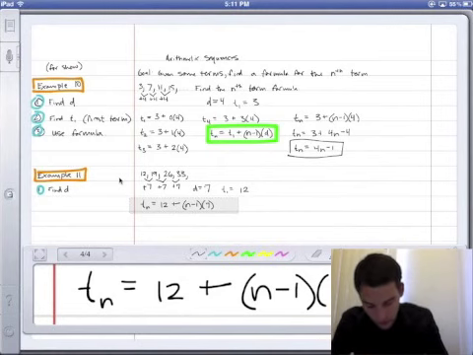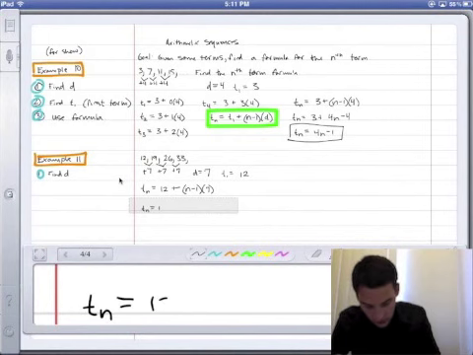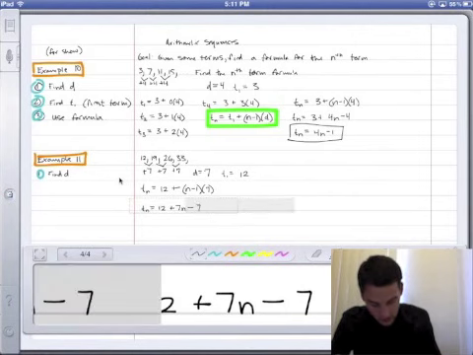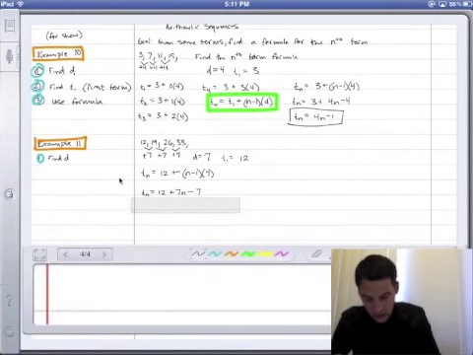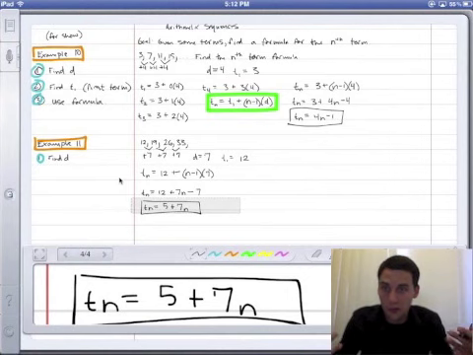So the next thing we do is distribute this 7. So we'll have t sub n equals 12 plus 7n minus 7, and combine like terms. T sub n equals 5 plus 7n. And that's my nth term formula.